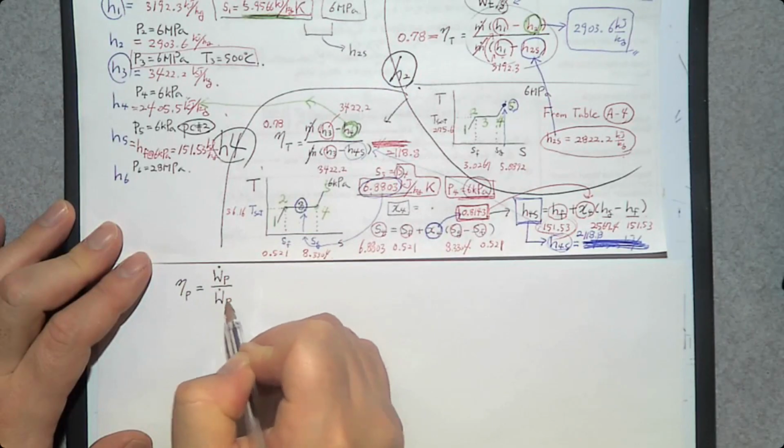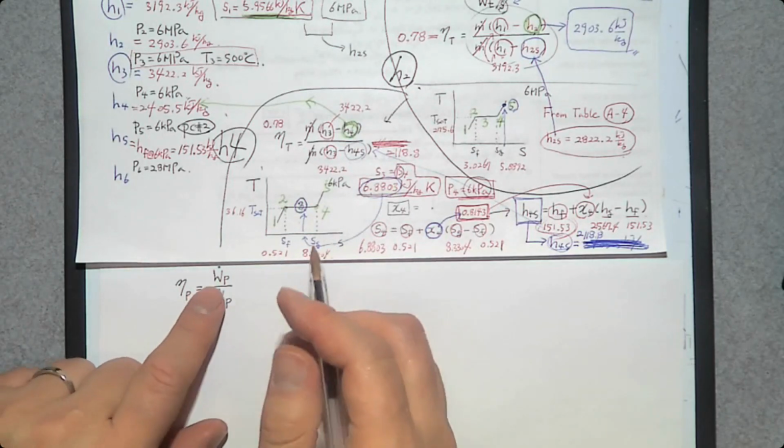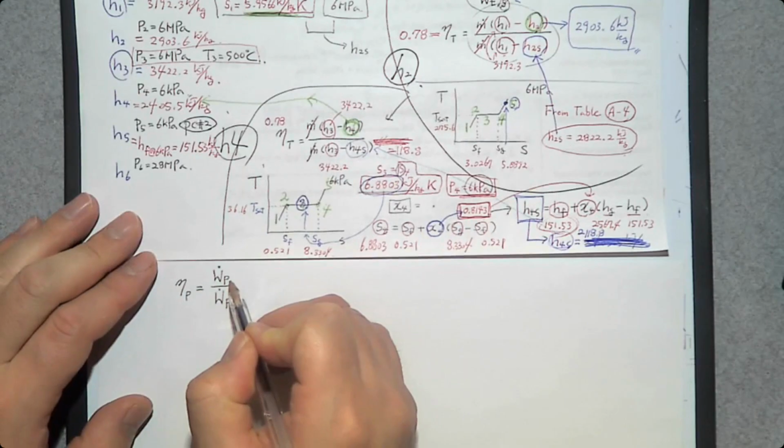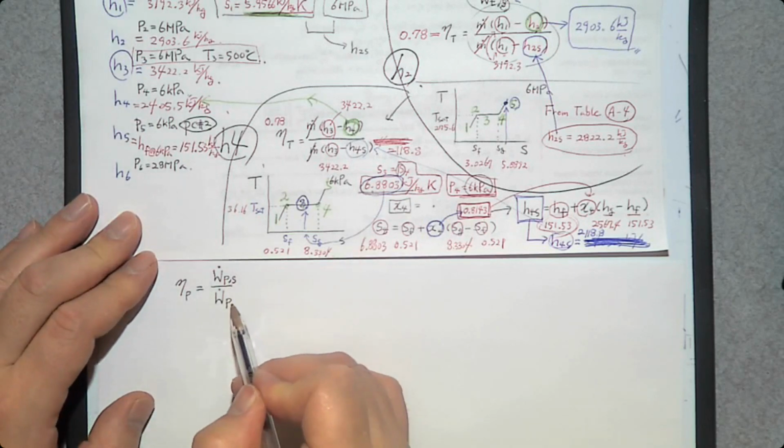There are two pumping powers: one is the ideal pump, and the other one is the actual pump. For the same pumping job, which one is going to spend less power? Of course, the isentropic pump is going to consume the minimum power for the same pumping, right? So this pumping power by the isentropic pump is going to be less than the actual pump.